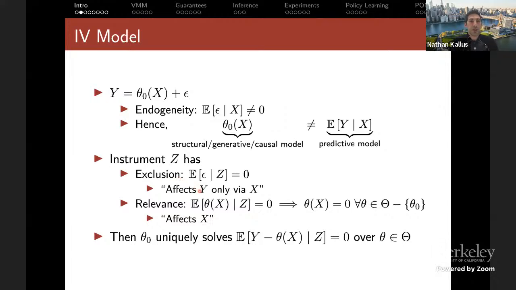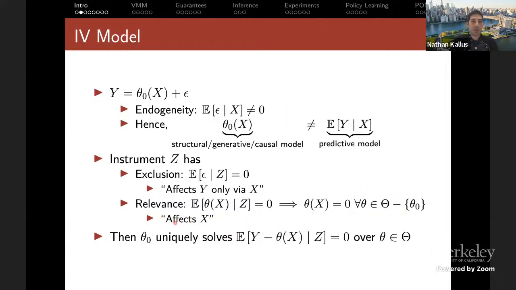In some sense, it should only affect Y via X, which we write by saying that it should be uncorrelated with the noise epsilon. So its only effect is via X. Okay, so we say expectation of epsilon given Z equals 0, and it should also affect X in some sufficient manner so that it captures all the variations in X, at least in as much as they matter for the functions that we're trying to fit.